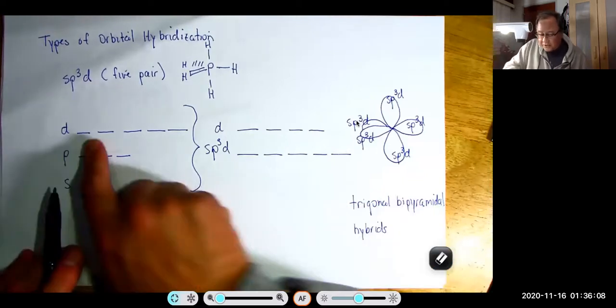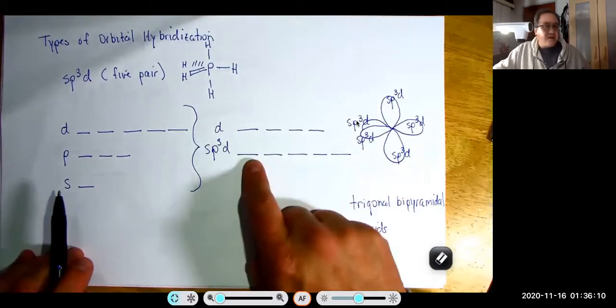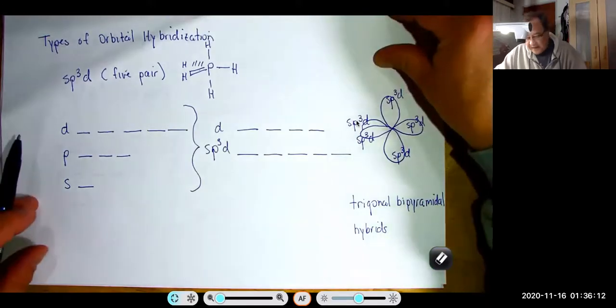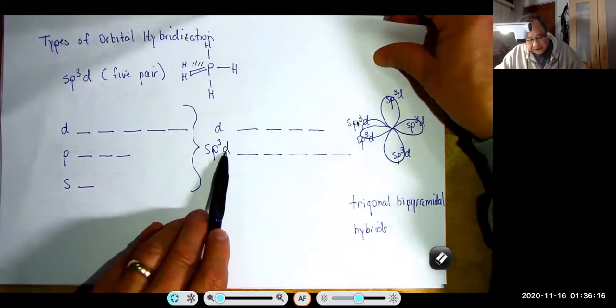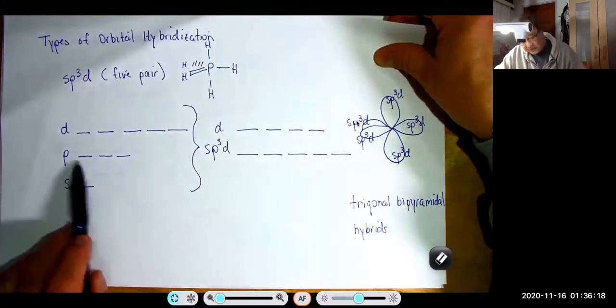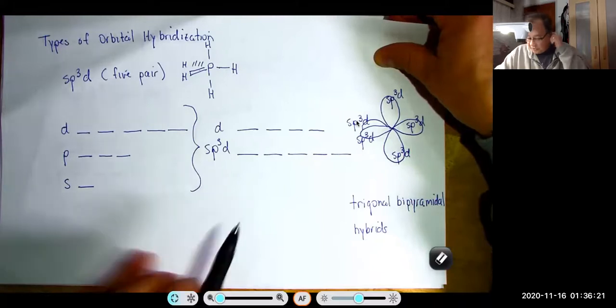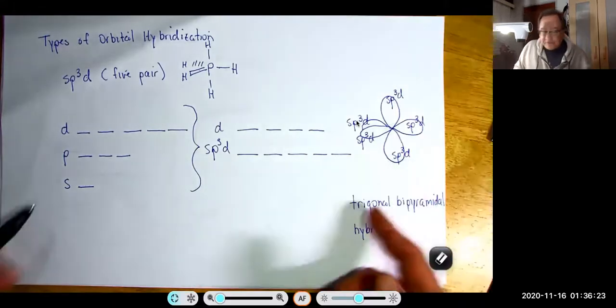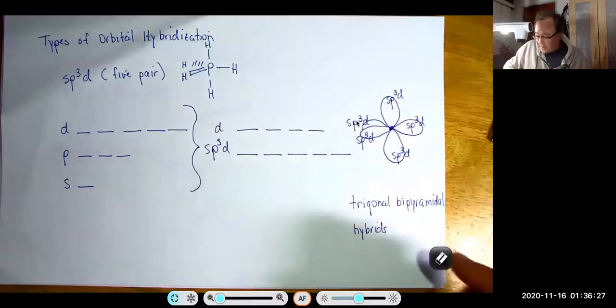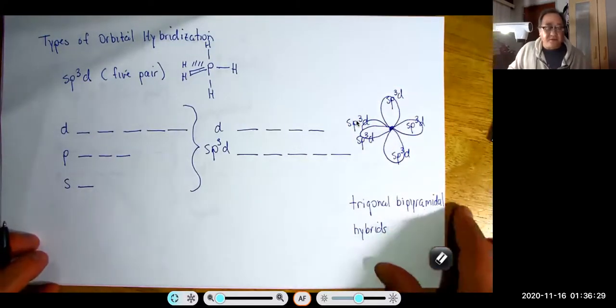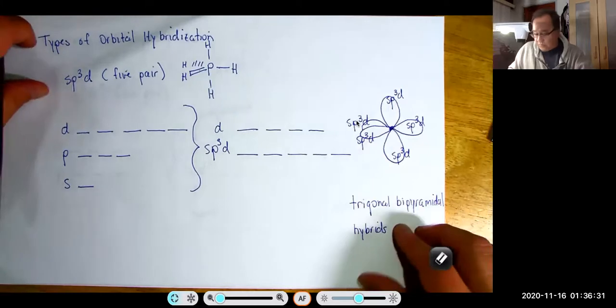So 4 of the d's remain unhybridized, and they don't really participate in bonding. And 1 of the d's hybridizes with 1 of the s's and 3 of the p's, so we call these sp3d. So how do 5 orbitals arrange themselves around a central atom to minimize repulsion? In a trigonal bipyramidal. So these are trigonal bipyramidal hybrid orbitals.